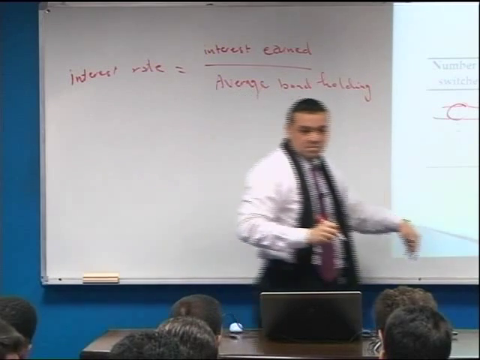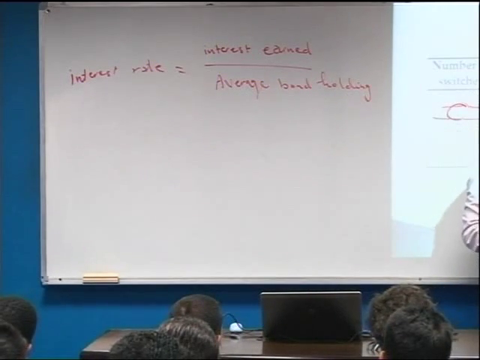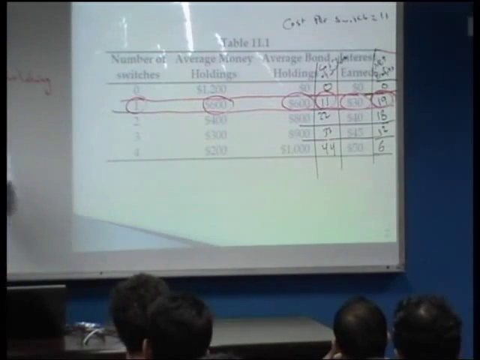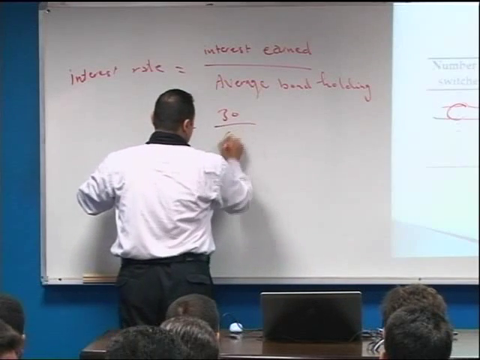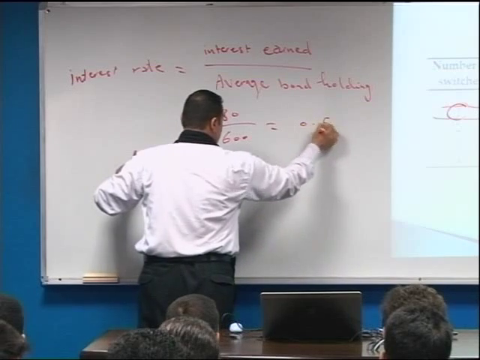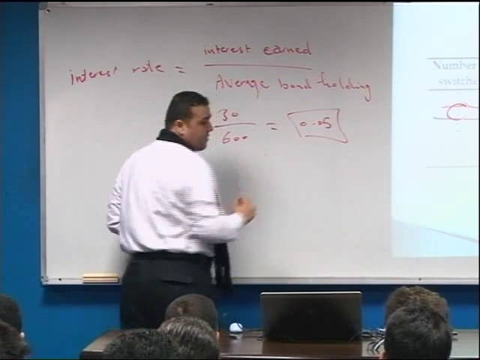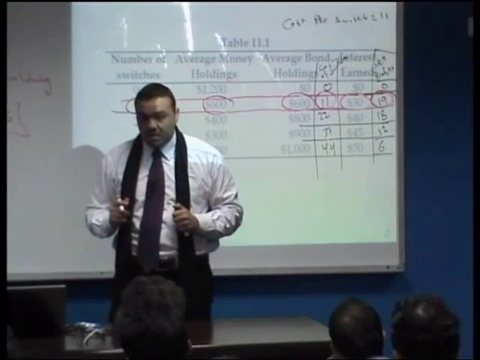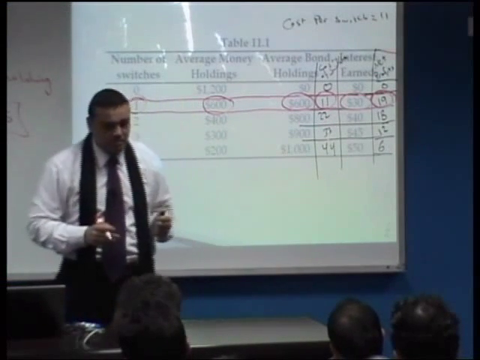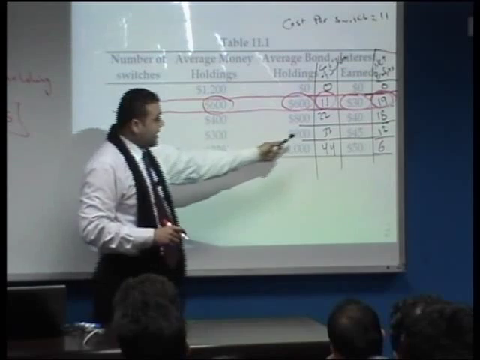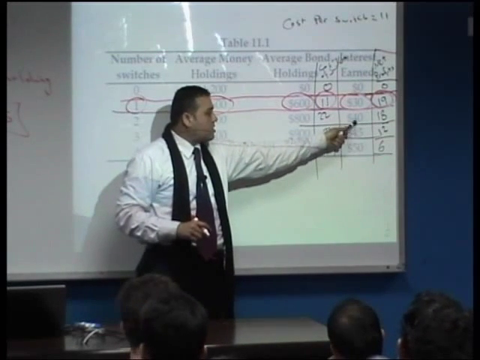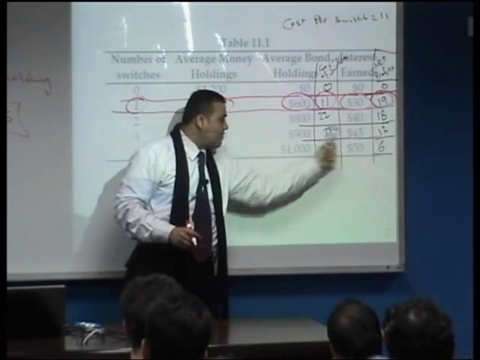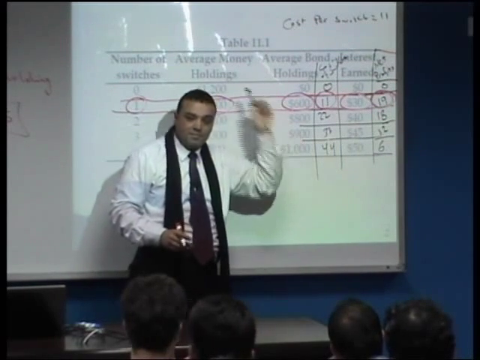Take any case, take this case, 30 over 600, how much is it? 30 over 600 equals 0.05, so 5%. Okay. Take the second case, 40 over 800, how much? The same. 45 over 900, the same, right?